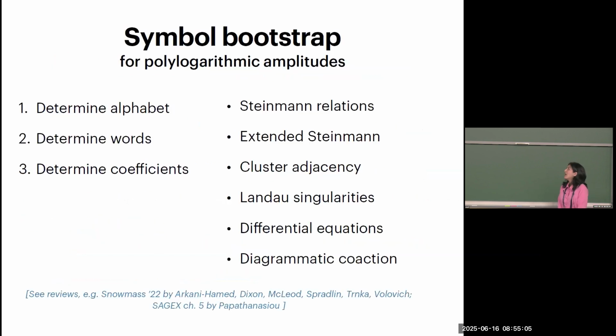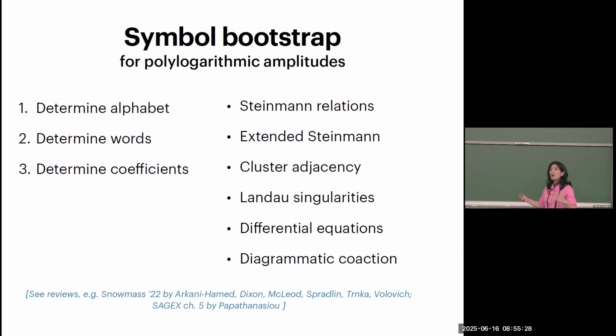This leads to a program called the symbol bootstrap. Bootstrap in a way just means all these shortcuts that we take besides doing direct computation. This has been part of the story of what we do in amplitudes long before we used the term bootstrap to describe it. But there's a symbol bootstrap for polylogarithmic amplitudes, which I think basically has 3 steps.